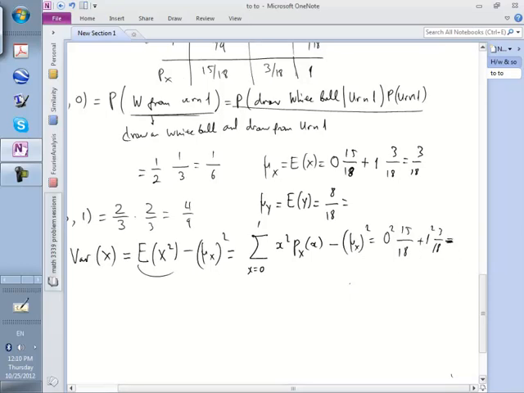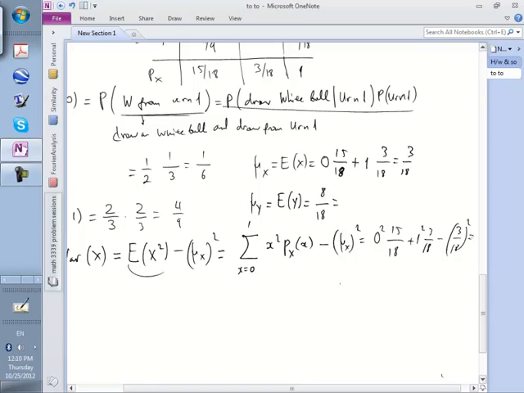So that minus 3/18 squared. So this is going to be equal to 3/18 minus 3/18 squared, which is 3/18 times 1 minus 3/18.